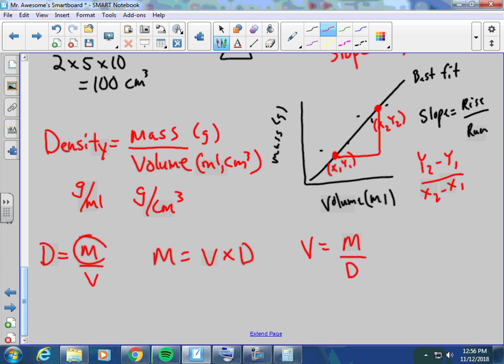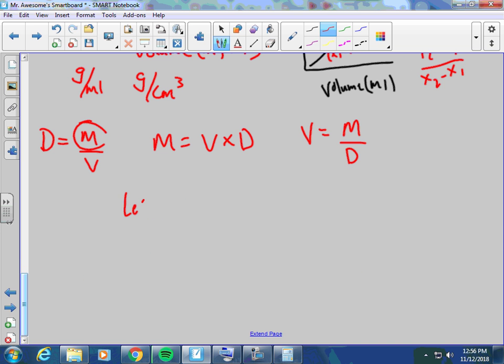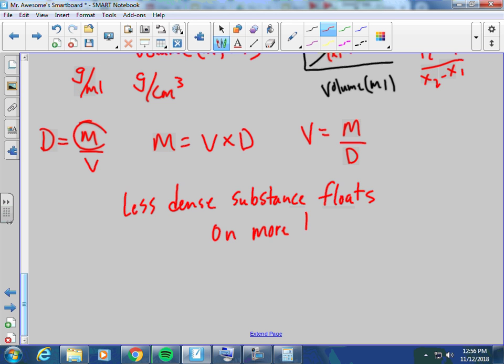We should also know what density means in terms of floating. Less dense substance floats on more dense. All right? And that's pretty much everything.